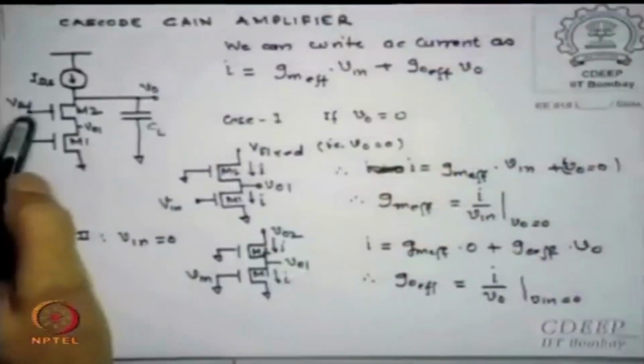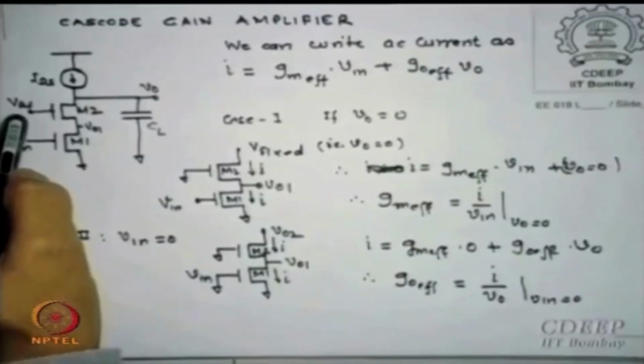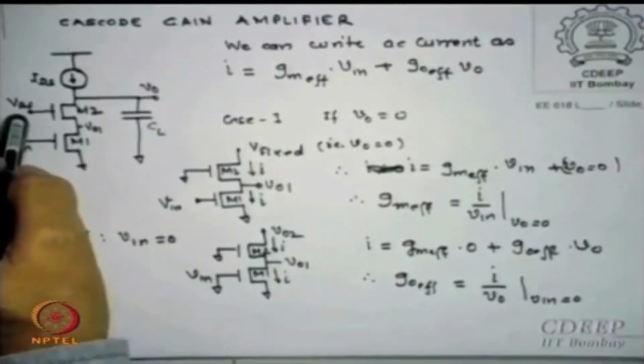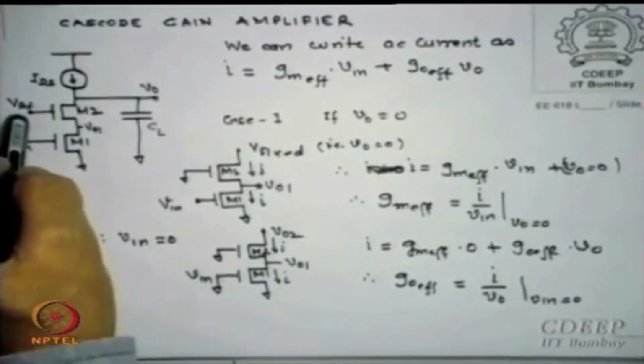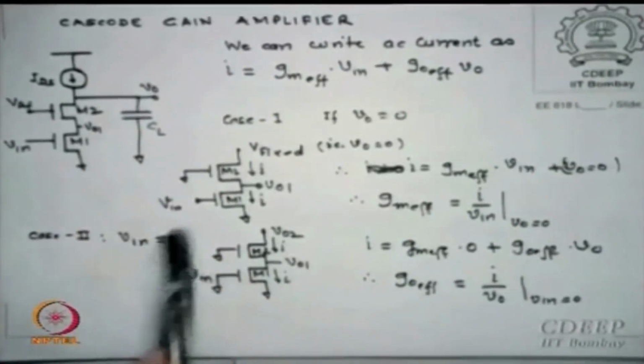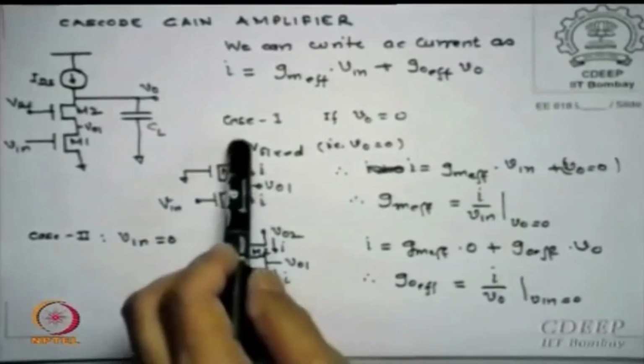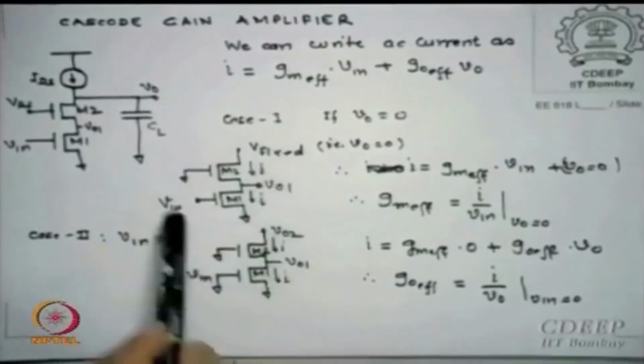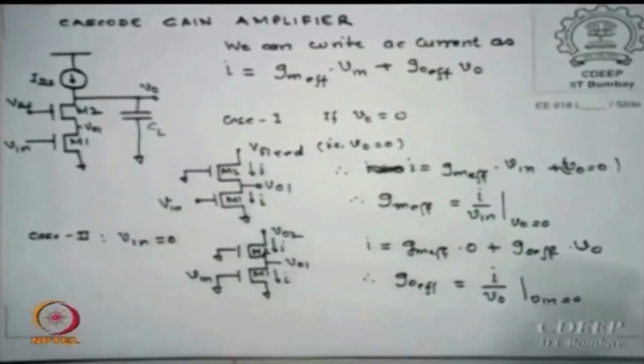Let us say I flows through this. Please remember for an AC circuit any DC point is at 0. So V reference, which is a VDC for this, is essentially grounded for AC purposes. So if I say this point is 0 and then I solve I by Vin ratio for this circuit, then I will get GM effective.